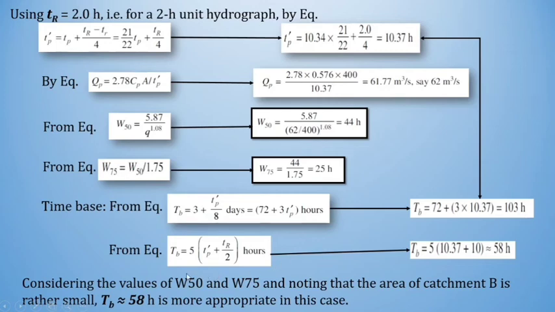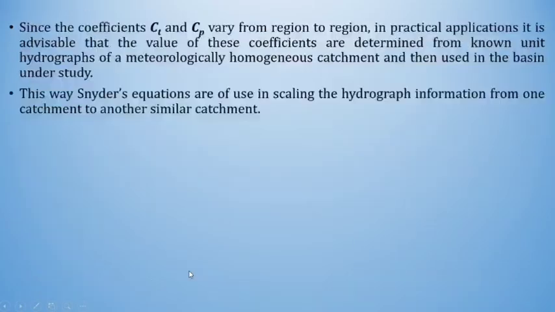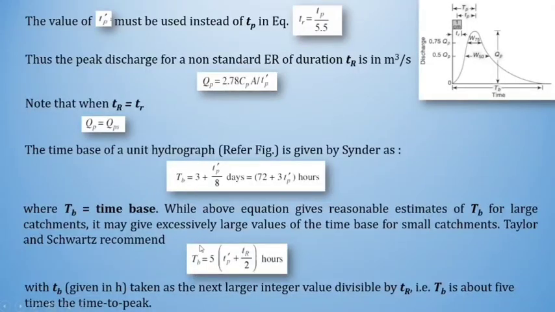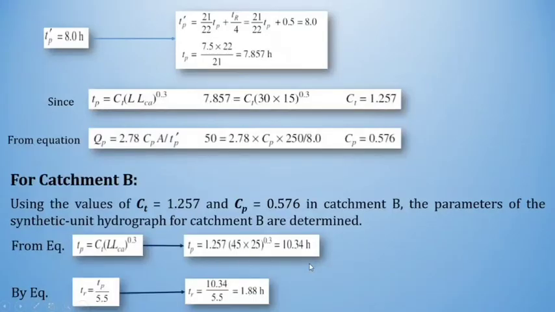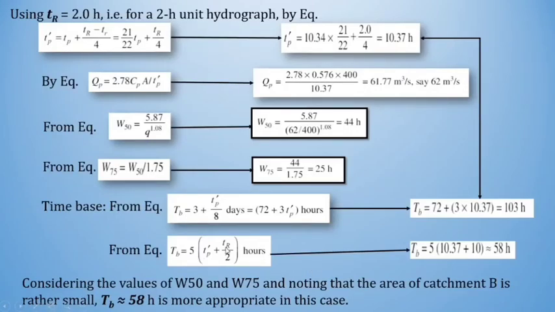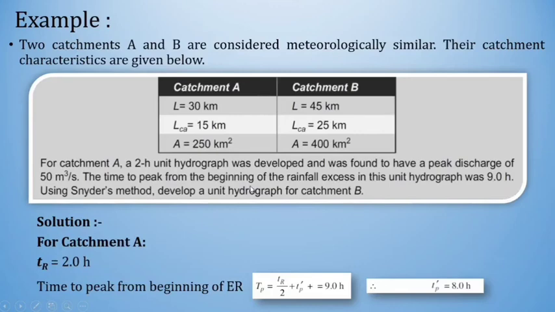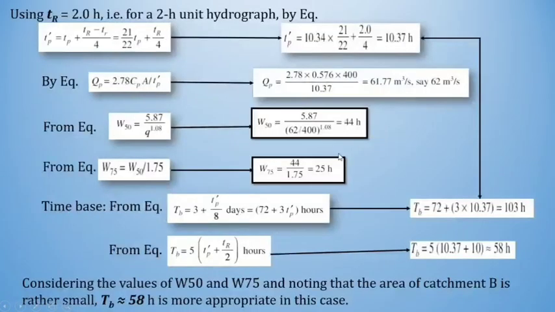And from the other equation, we have seen that Tb can be estimated by these two equations. This one is for the larger catchment and this one is for a smaller catchment. If you put the values in this second equation, it will yield the value of Tb, that is the time base, as 58 hours. Now if you look at the areas of both catchments, catchment A is smaller and catchment B is the larger one.